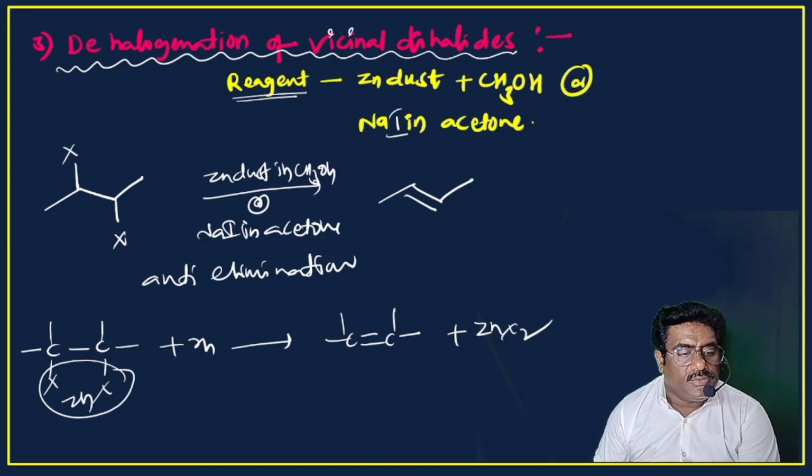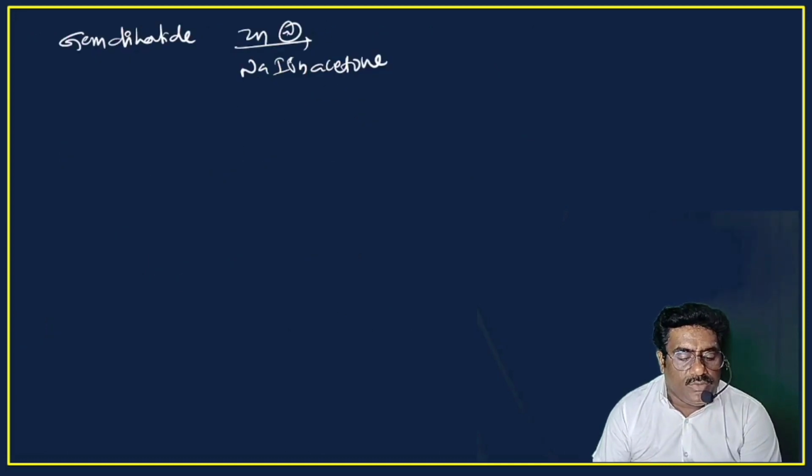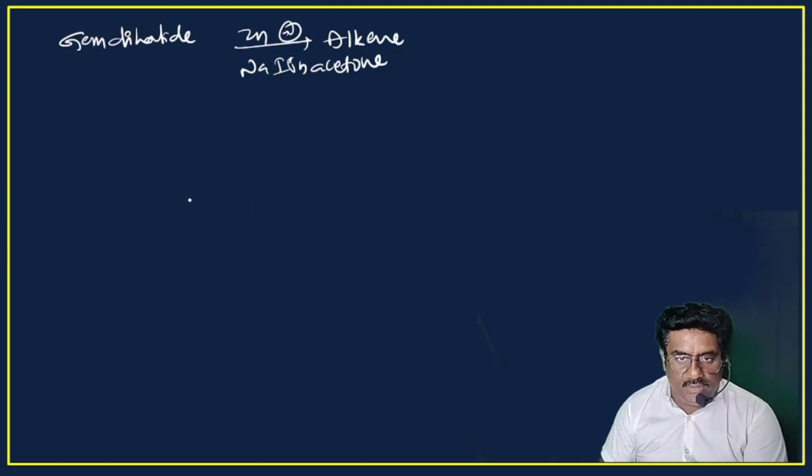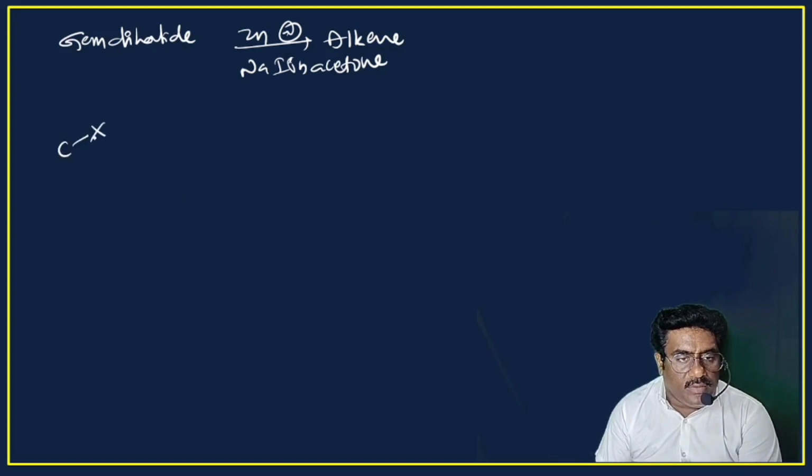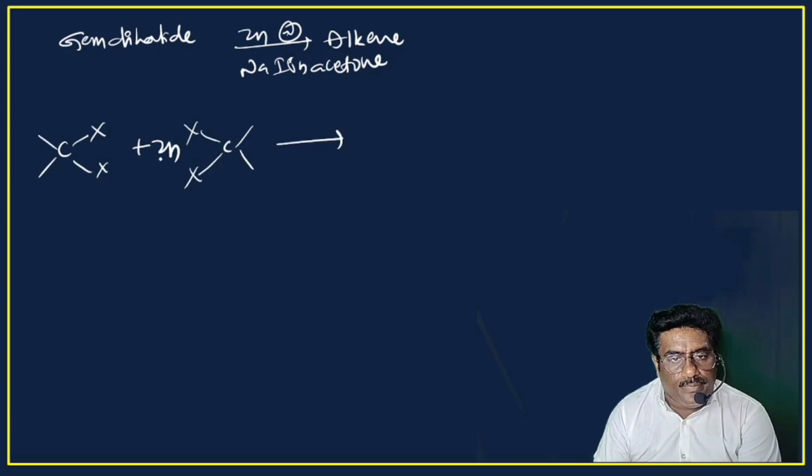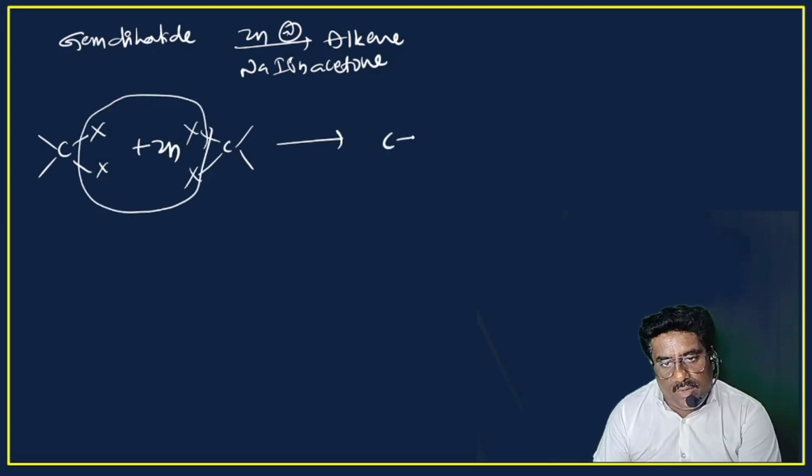It gives alkene. I am writing an example for this. Gem dihalide, one carbon with two halogen atoms, in presence of zinc, gives a carbon-carbon double bond.